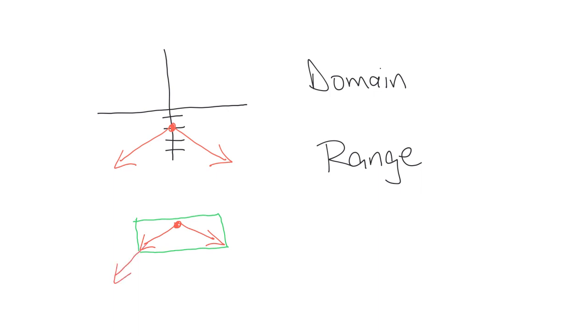We'll do one more because this thing gets wider. The box is going to continue to get wider, but notice it doesn't get any taller. It comes down lower, but it doesn't get any taller. So for domain, remember domain is left to right.